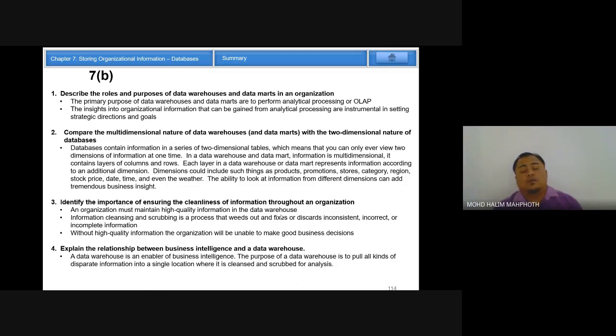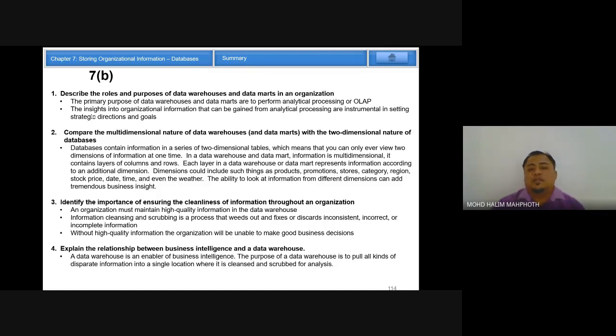And for this week's lecture, we have gone through the two concepts of data warehouses and data marts in an organization, and bear in mind a data mart is a subset of the data warehouse. The primary purpose, the main purpose, of a data warehouse and data mart is to perform analytical processing, or OLAP.